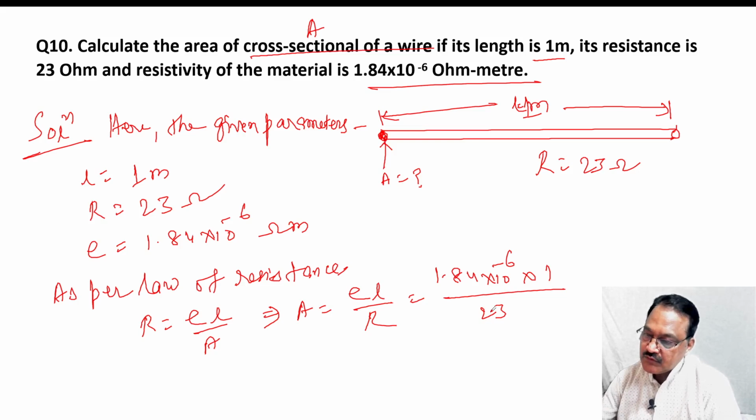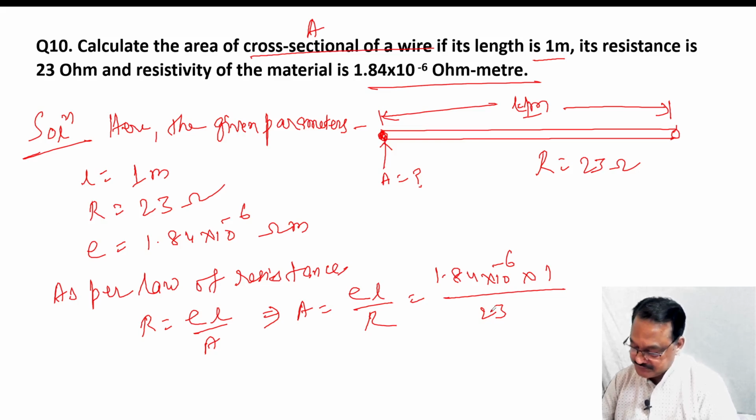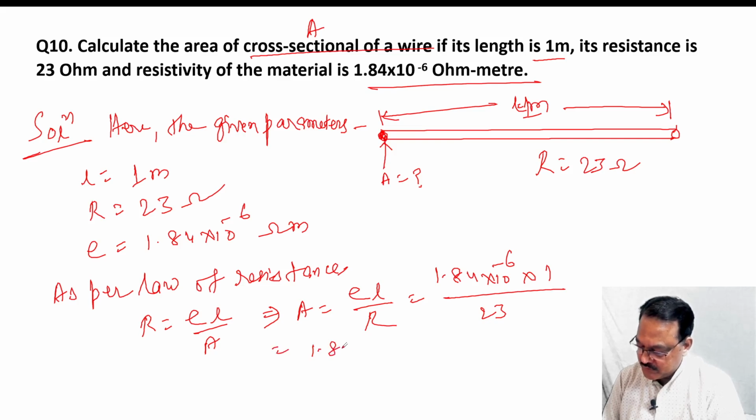Okay, so what to do now? It means 1.84 divided by 23 into 10 to the power minus 6.